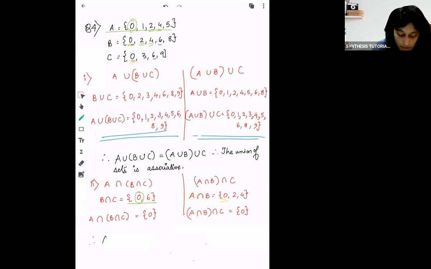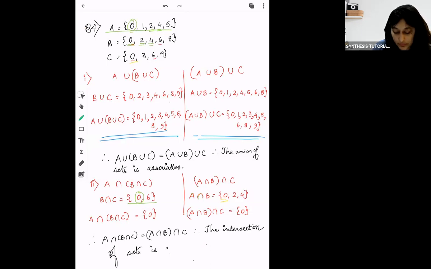So therefore A intersection (B intersection C) is equal to (A intersection B) the whole intersection C. Therefore, the intersection of sets is also associative. ये समझा है? Yes.